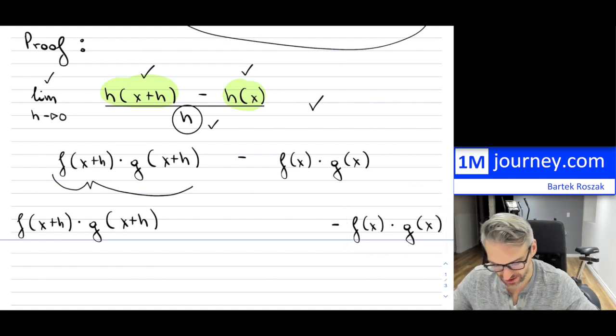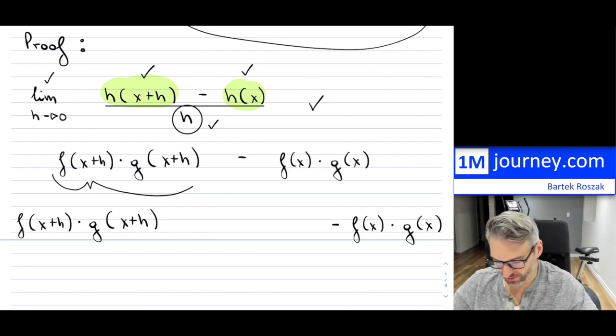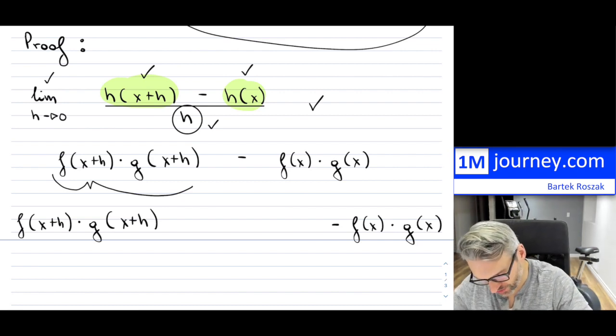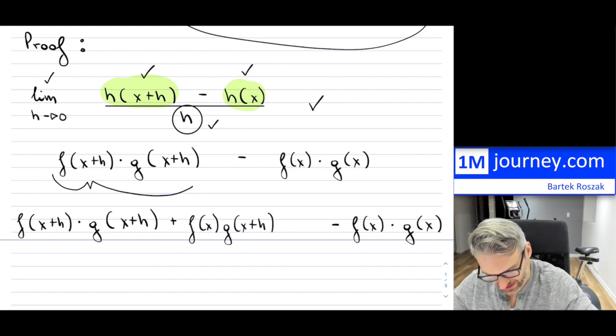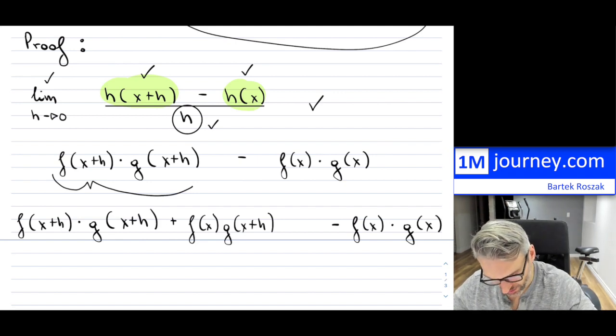So this is minus. Now at this point, I'm going to add and subtract a couple of terms. I'm going to add the following: f of x multiplied by g of x plus h. That's going to be my first term. Then I'm going to subtract that particular term, putting it right underneath since I'm running out of space.